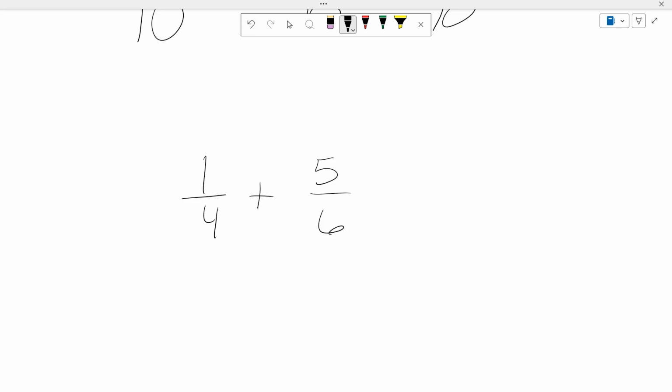Not 6. What's half of 24? 12. There you go. So it's 12 on the top in the numerator. What's in your denominator? What's 26 divided by 2?